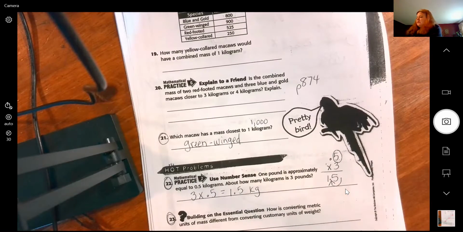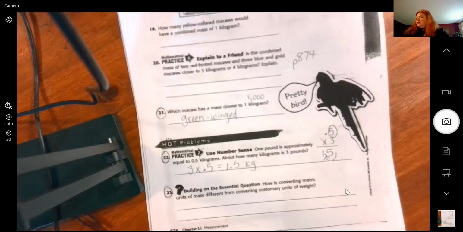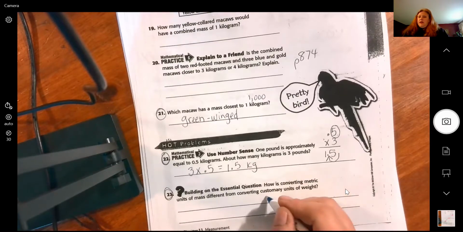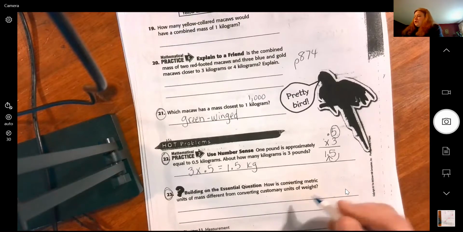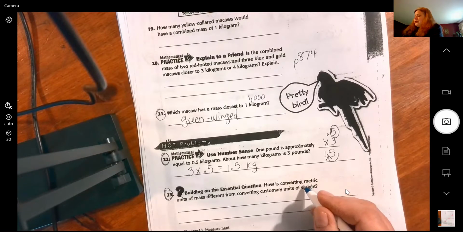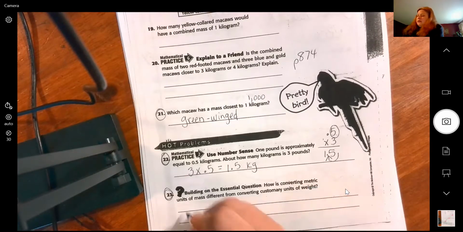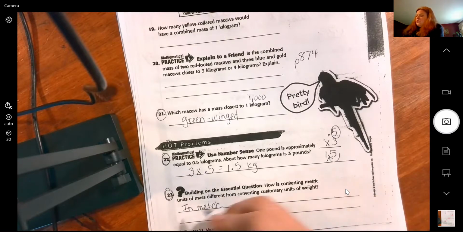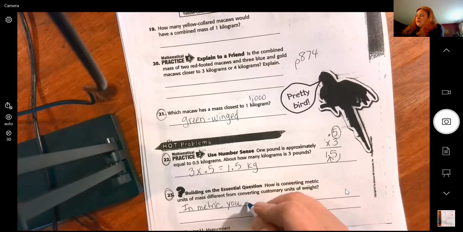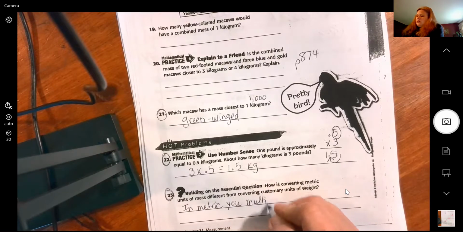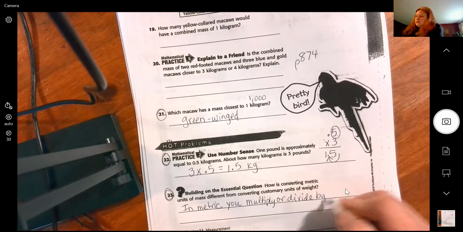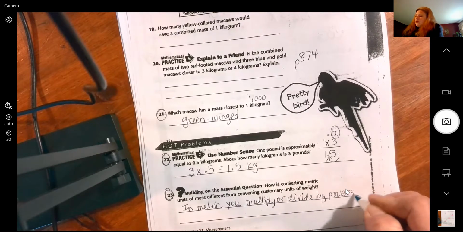Don't forget your units. How is converting metric different from converting customary? Well, in metric, what are we always multiplying or dividing by? Hopefully you said powers of 10. What about in customary?